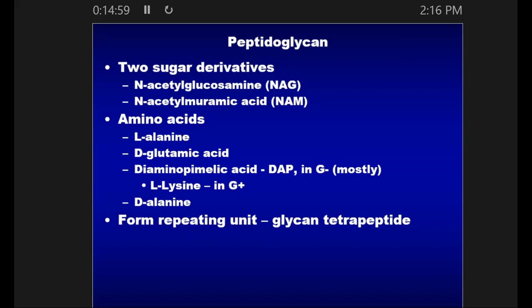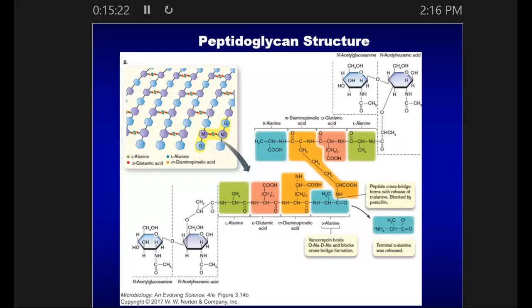When you string together just a few amino acids, we start saying it's a peptide. So tetra is 4. Glycan is referring to the sugar derivatives. So glycan, NAG, NAM, tetrapeptide, those 4 amino acids. Then those get put together in repeating units and bonded together. So let's look at that.